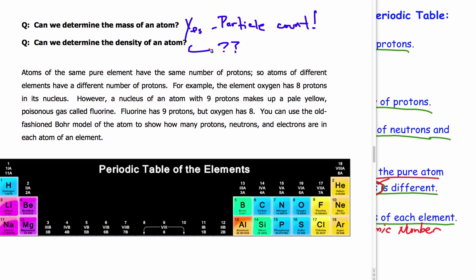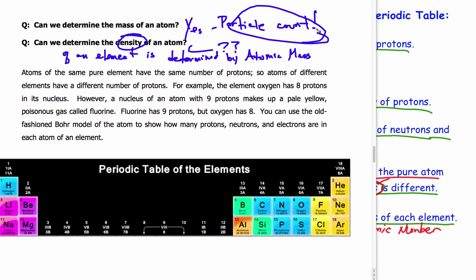But we can say that the density of the substance, the density of an element, will be determined by the atomic mass, which is the particle count. Okay, so let's get these underlined.